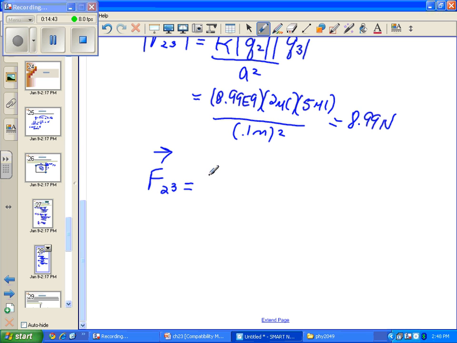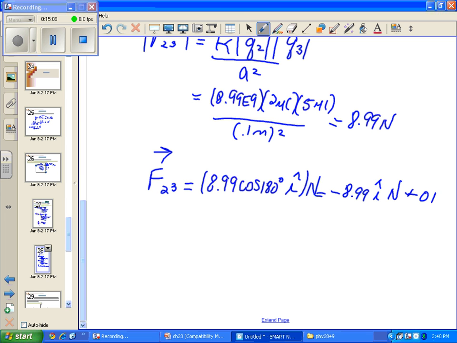So if we want, we can write it this way, 8.99 times the cosine of 180 in the i hat direction with the unit of newton, but of course you know what that's going to be, minus 8.99 i hat newtons. And if we want to further specify, 0 j hat component since it has none.